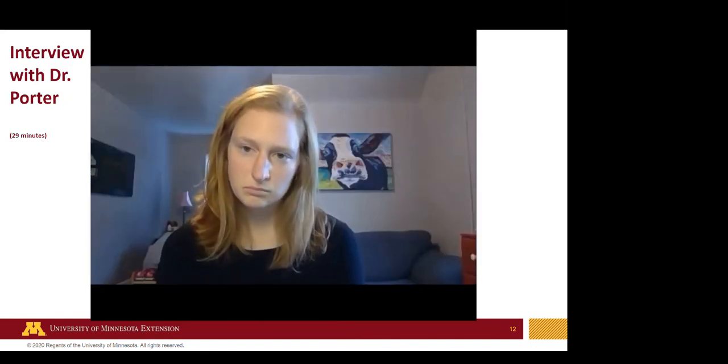We usually place that in a carrier broth, brain heart infusion, which is BHI. That can be tested for viruses such as avian influenza, Newcastle disease virus, and infectious laryngotracheitis virus. I'd say those are the three most common, and at our lab we can also test those for several types of mycoplasma infections as well.